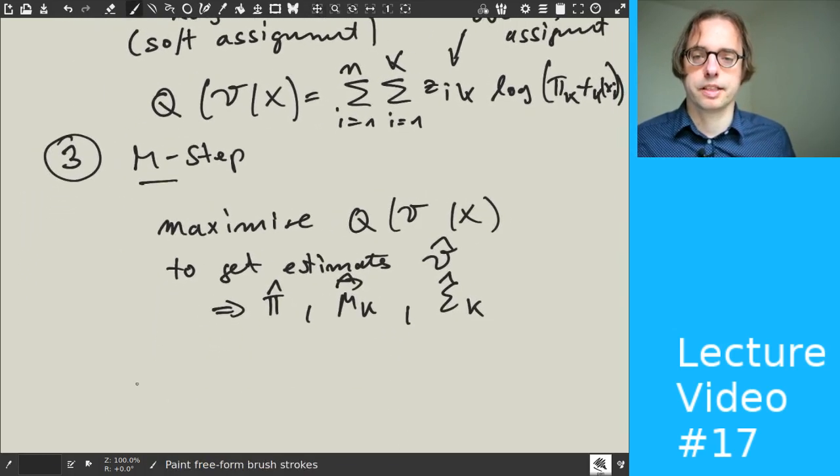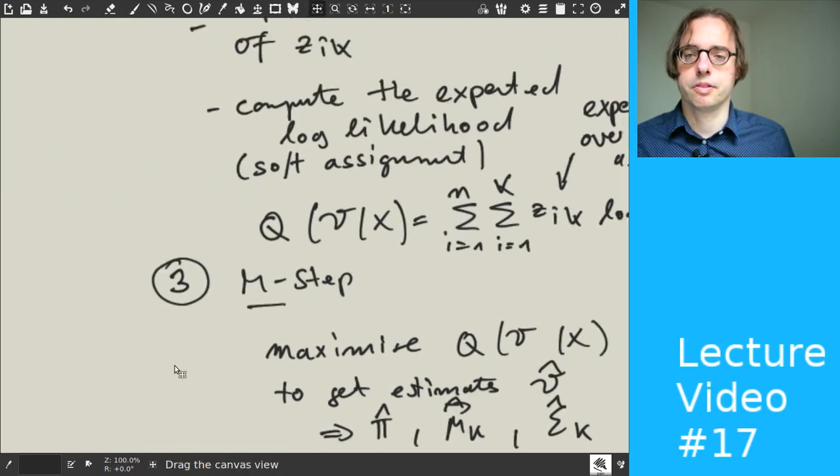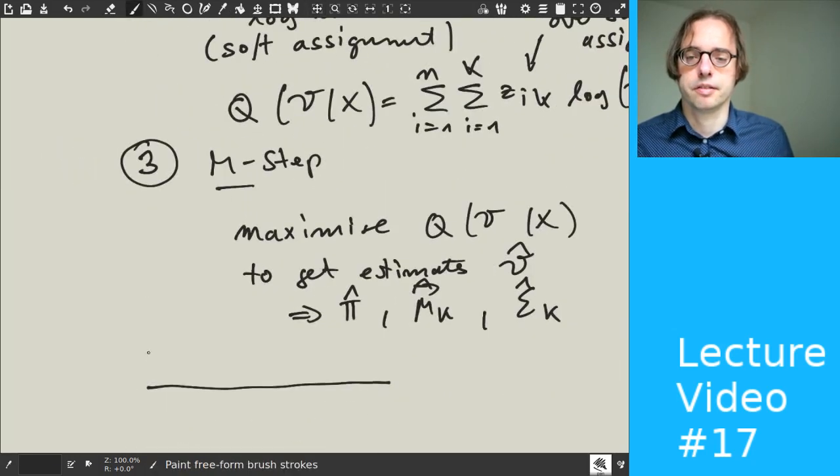That's it. So that's the EM algorithm, and we of course iterate. So step 4 would be iterate until convergence.